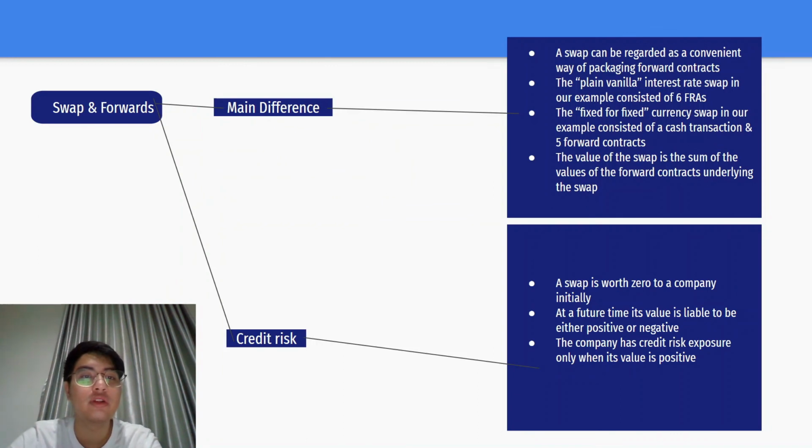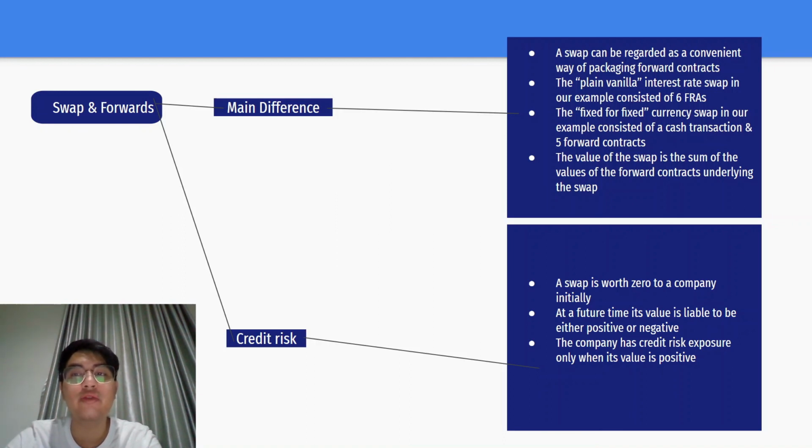And for the last topic, which is swap and forward, the first subtopic is regarding the main difference. First, a swap can be regarded as a convenient way of packaging forward contracts.